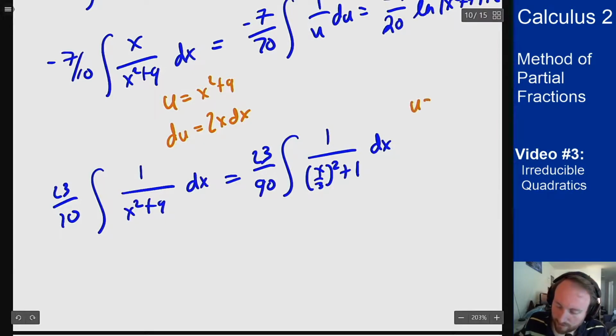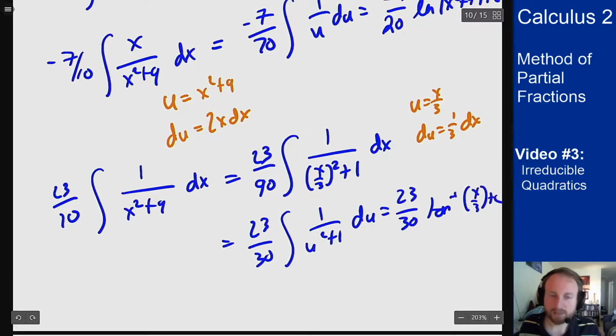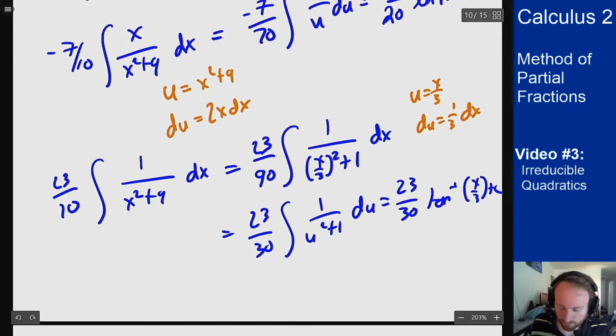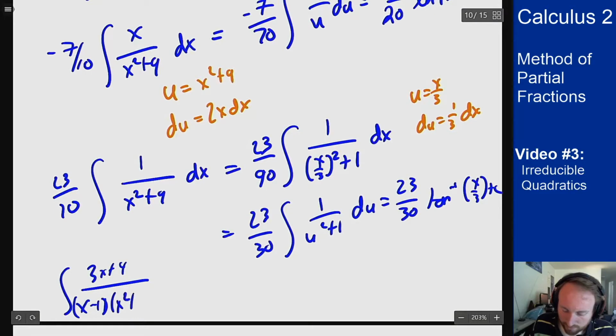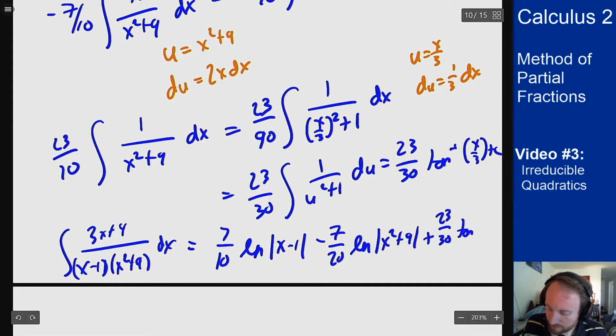I then want u to be x over 3, so du is 1/3 dx, which means I get 23 over 30 integral of 1 over u squared plus 1 du, which becomes 23 over 30 inverse tangent of u plus c. Then I can combine these together to get my actual formula. So the integral of 3x plus 4 over (x minus 1)(x squared plus 9) is 7 over 10 log of x minus 1 minus 7 over 20 log of x squared plus 9 plus 23 over 30 inverse tangent of x over 3 plus c.